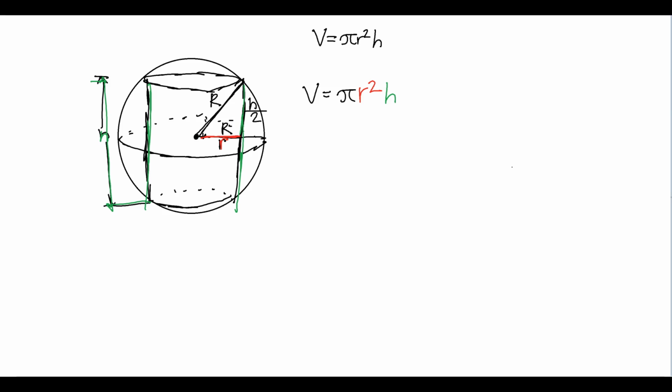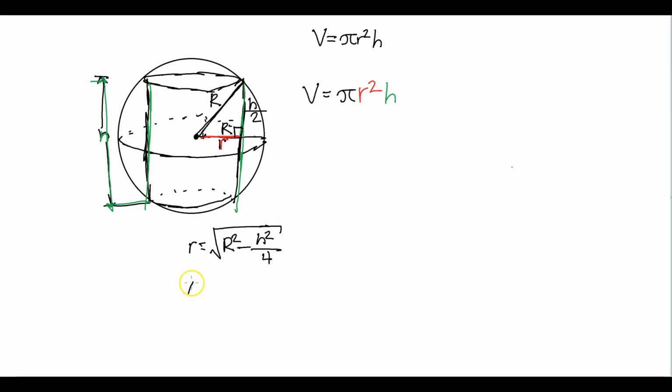Now, from the Pythagorean theorem, this is a right triangle. So r squared is equal to R squared minus h squared over 4. Why?